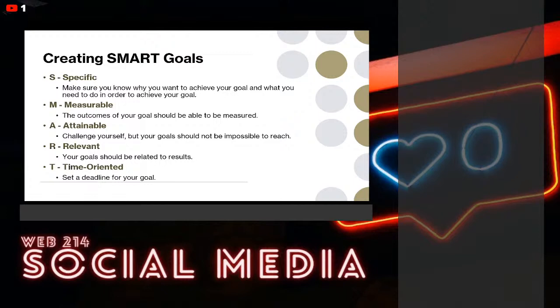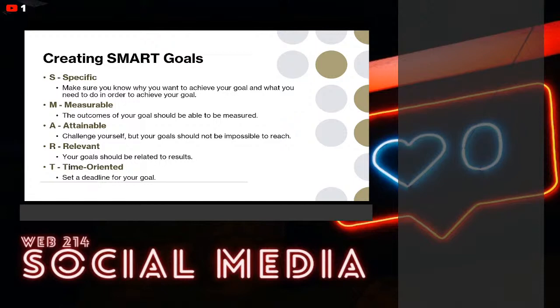And all of these things in our SWOT analysis are going to be related to our social media efforts. So if we're using that SWOT analysis as the foundation for building these SMART goals, the relevancy is going to come directly from that SWOT analysis.